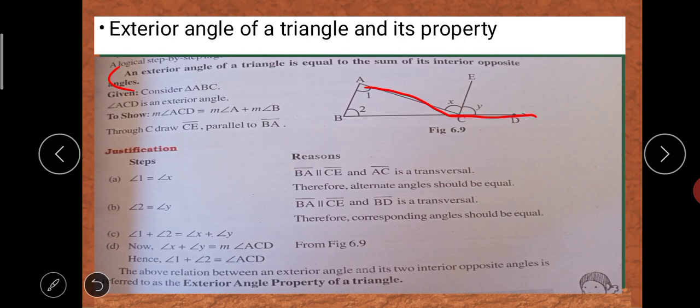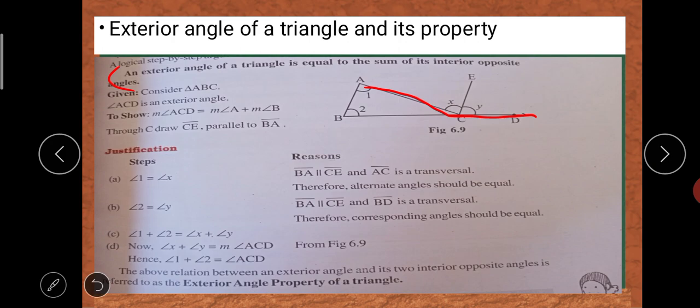In the same way, when we add angle 1 plus angle 2, it is equal to ACD.